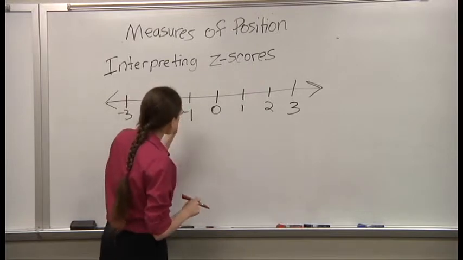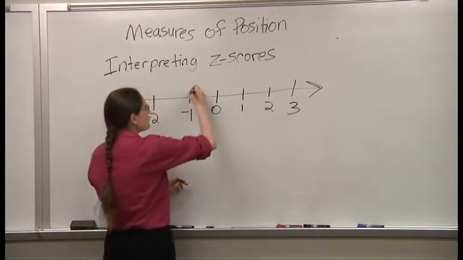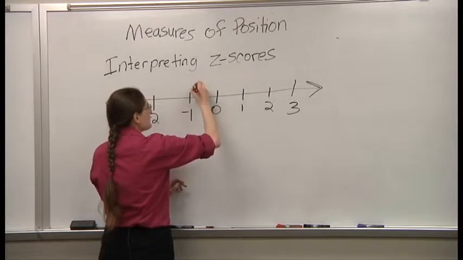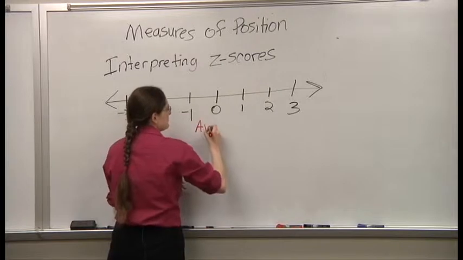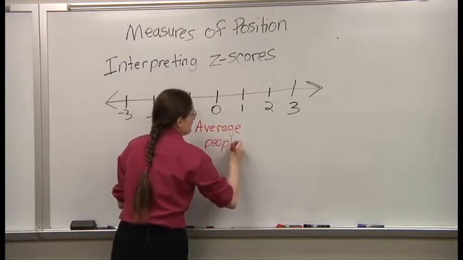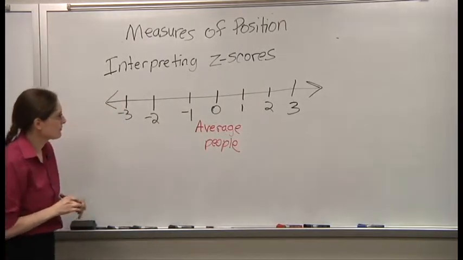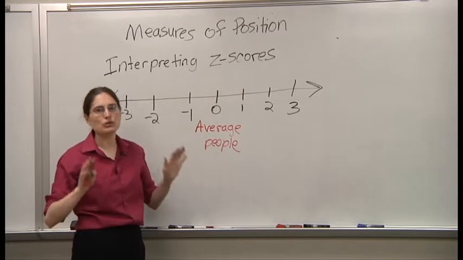If we're looking at heights, people with z-scores between -1 and +1 are medium size. If you're close to 0, then you are close to average.